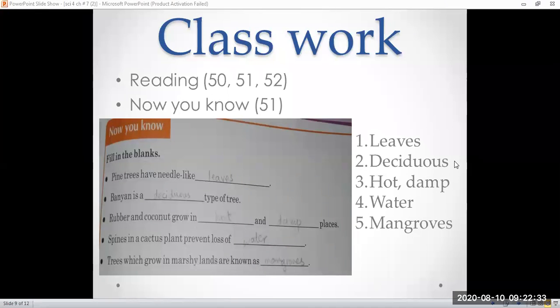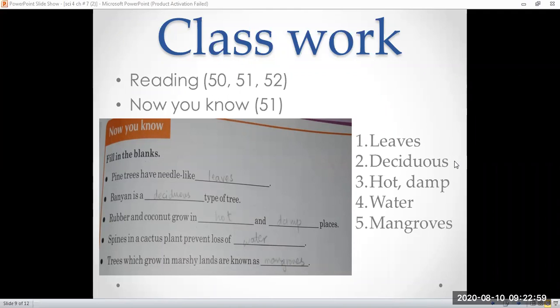Yes, Hamna. Teacher, I have just joined the class and I have been searching for the page for a long time. On screen you have seen there were page numbers before reading. The pages are mentioned there, that is page number 50, 51, and 52.